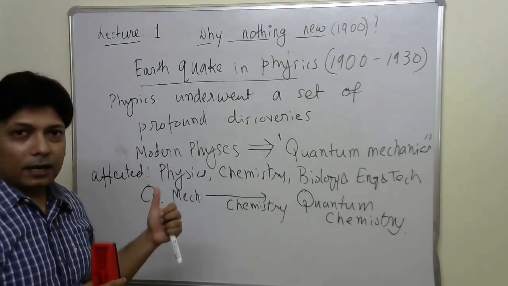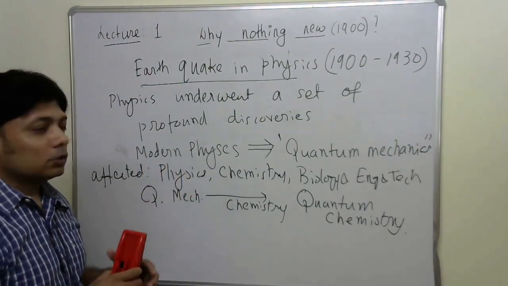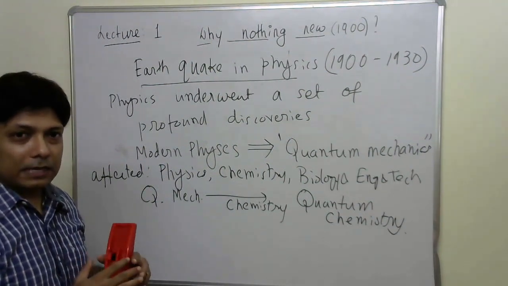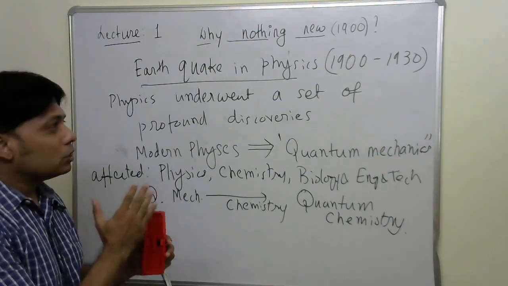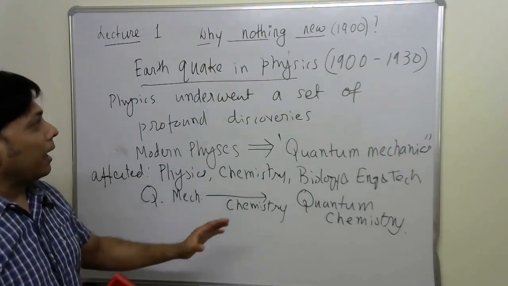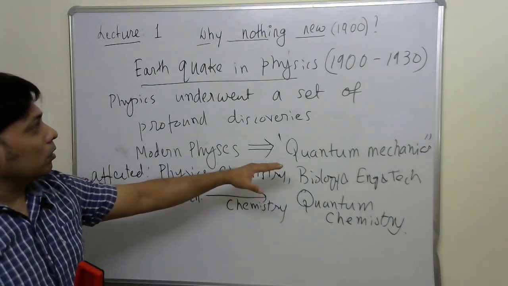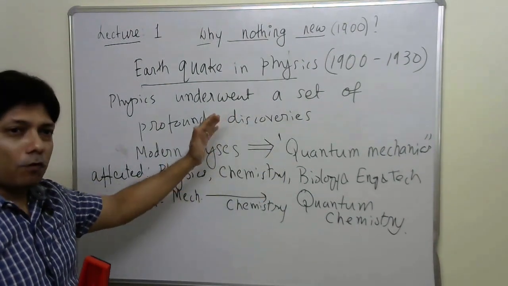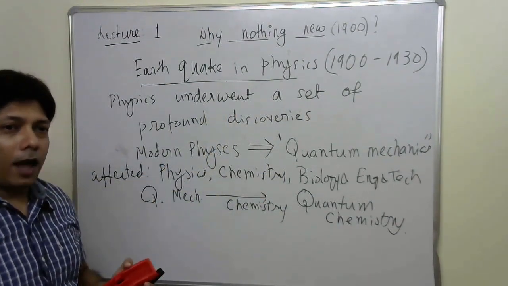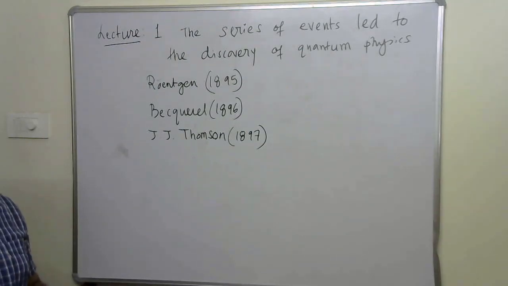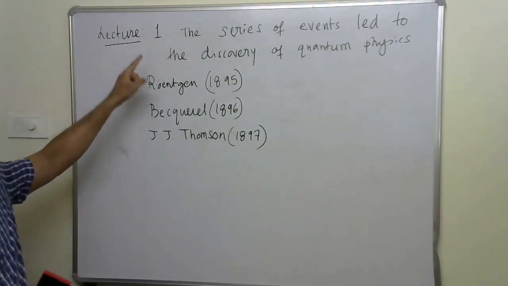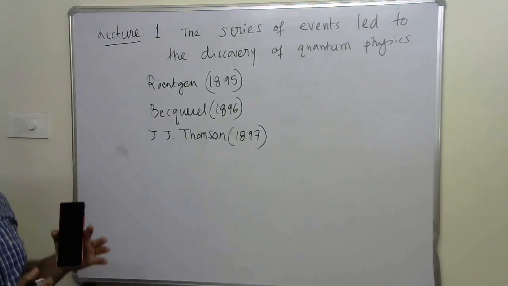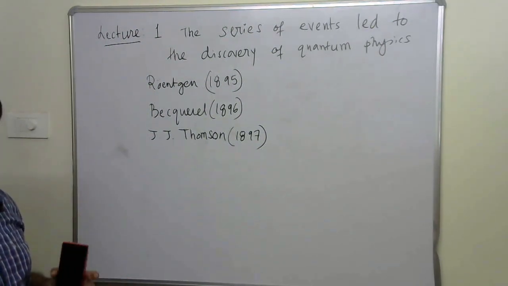Let's look back at some of the chronological events that happened just before 1900. Let's go back a few years before the year 1900. Now let's look at the series of events that led to the discovery of modern physics.